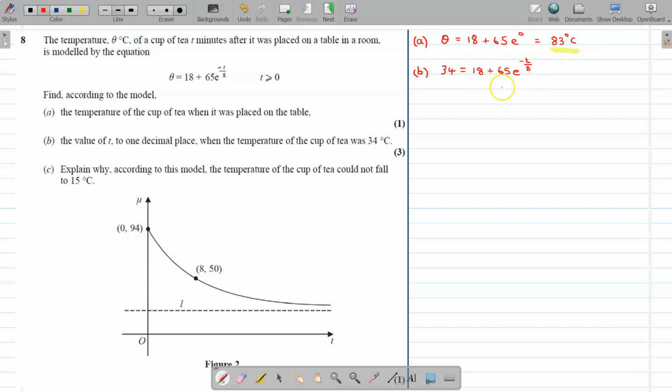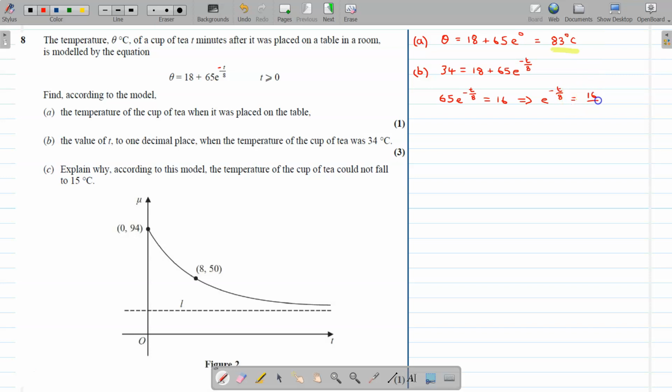Well, basically we need to solve this. So if we take away the 18 from both sides, we get 65 e to the power of negative t over 8 equals 16. If we now divide by 65, we get e to the negative t over 8 equals 16 over 65.